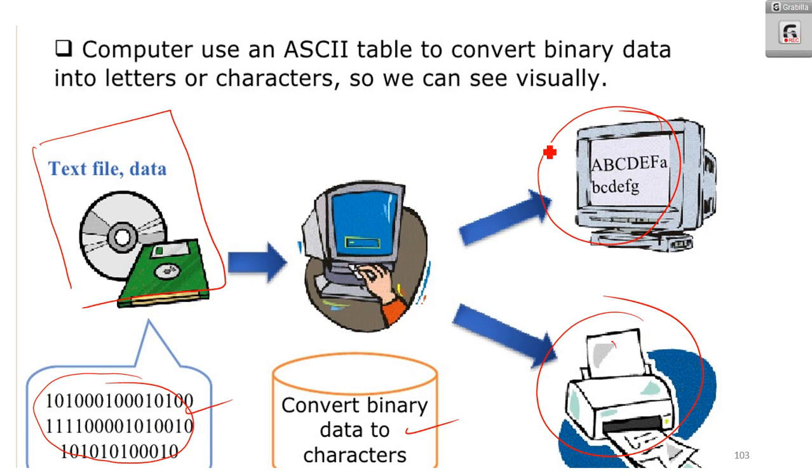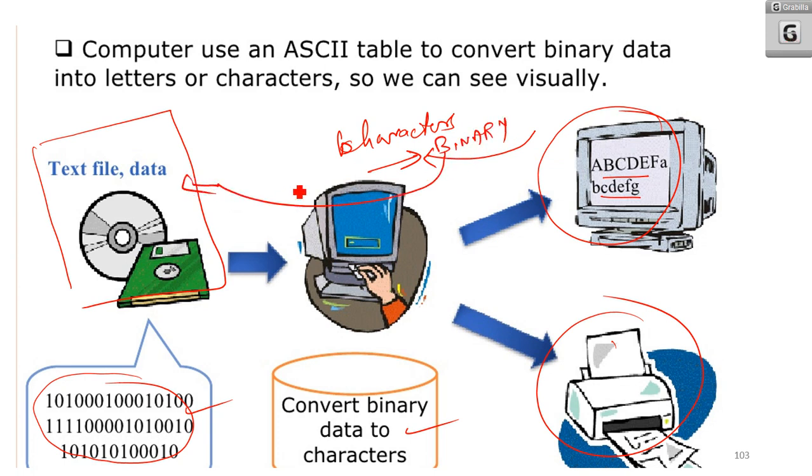If you are doing the reverse, you are typing some characters or numbers. This is saved as characters, which are converted to binary. And this binary is again written as a text file on the corresponding hard disk. That is where coding is important, and there we have ASCII code.